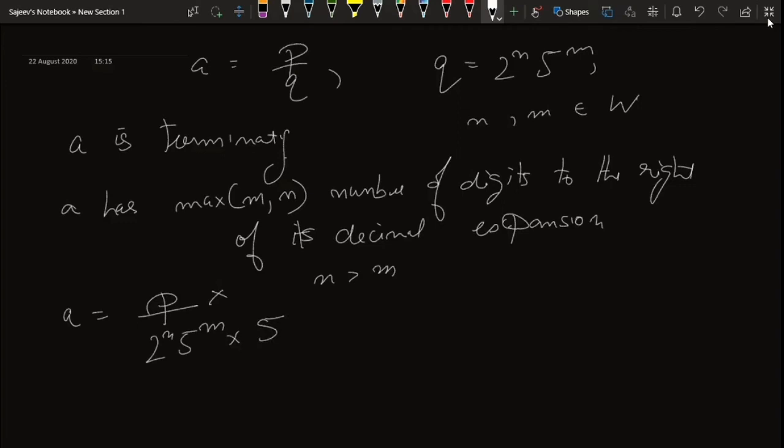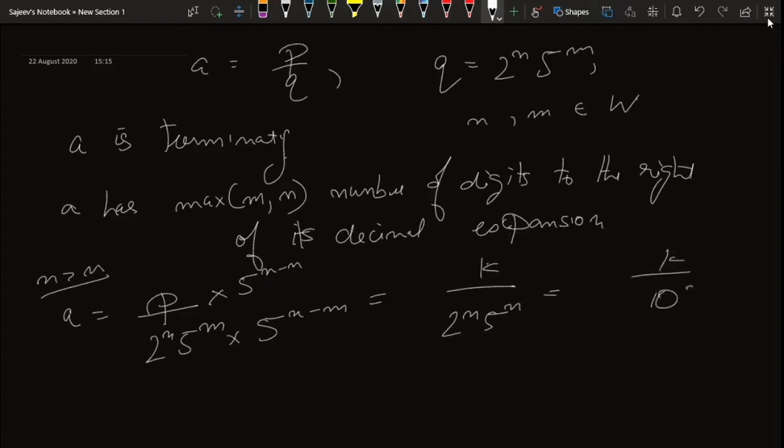So if I multiply this by 5 power n minus m, I will get p into 5 power n minus m, say k, by 2 power n into 5 power n, which is k by 10 power n. So from this we can say that k is some number, and from that number I go n places to the left, which means a has n digits after its decimal point to the right.